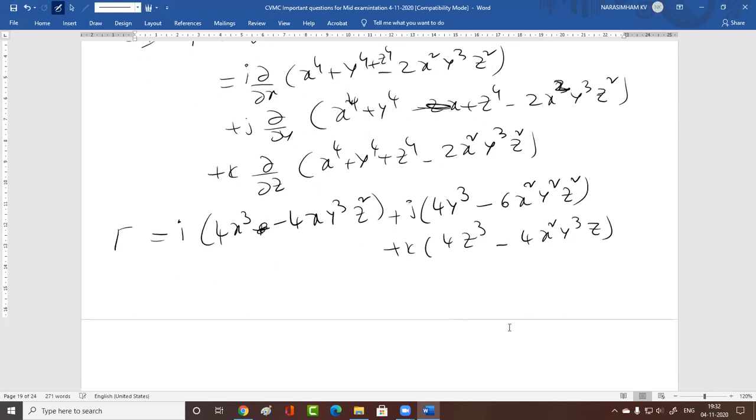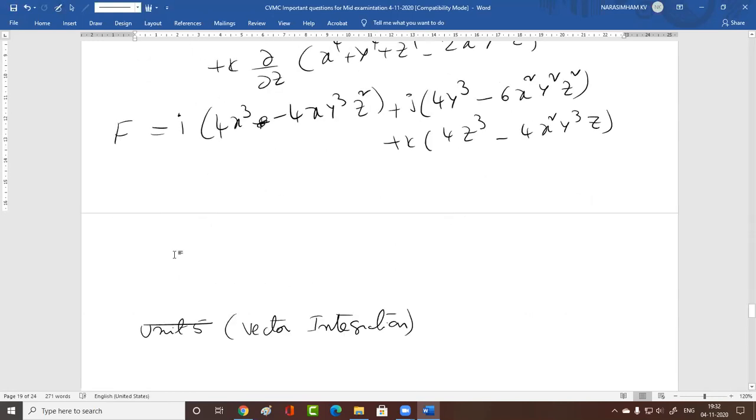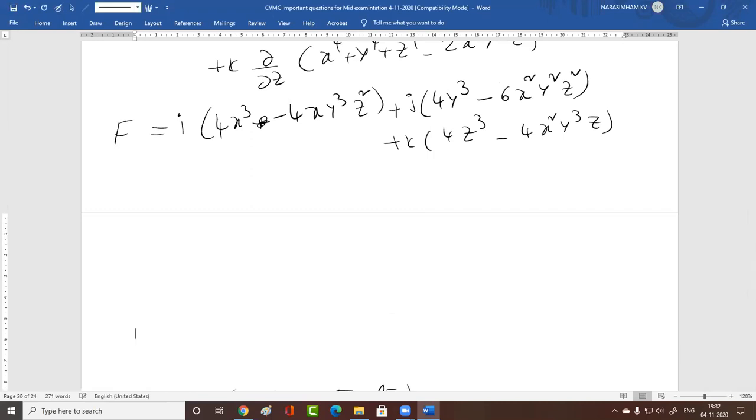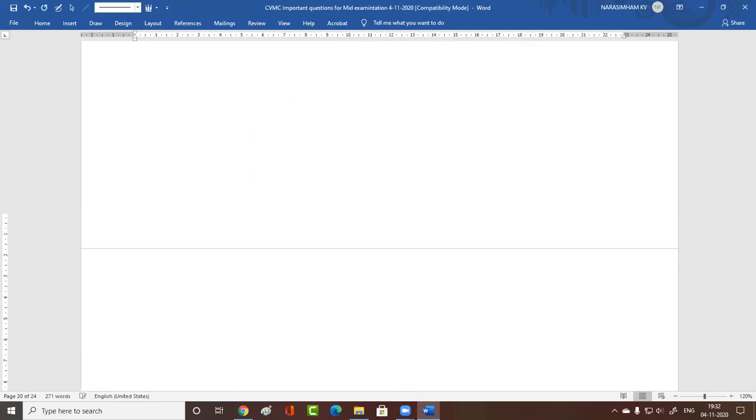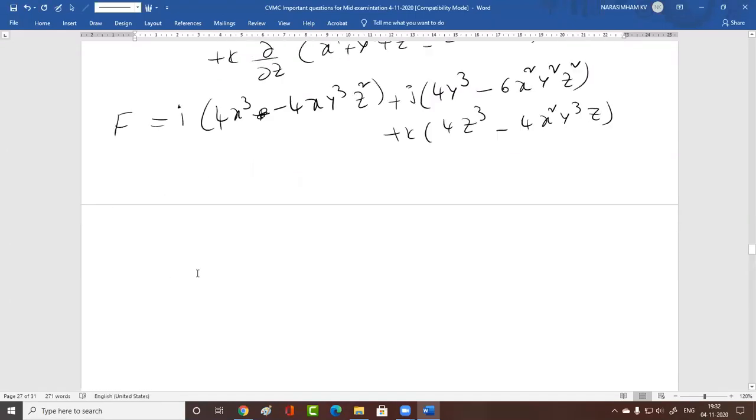Now we will find the divergence of f. Divergence of f is nothing but ∂f1/∂x plus ∂f2/∂y plus ∂f3/∂z. What is f1?